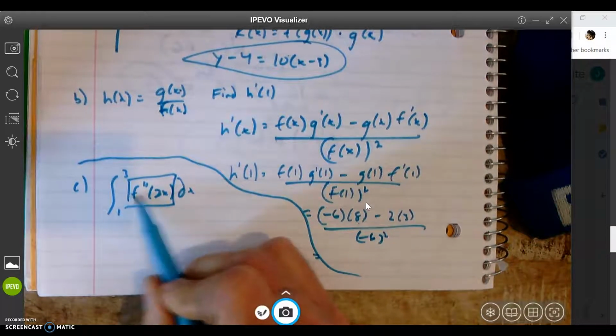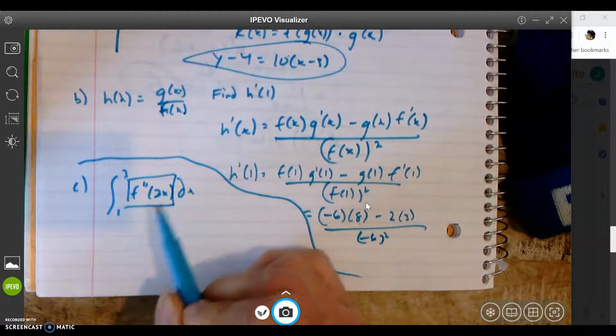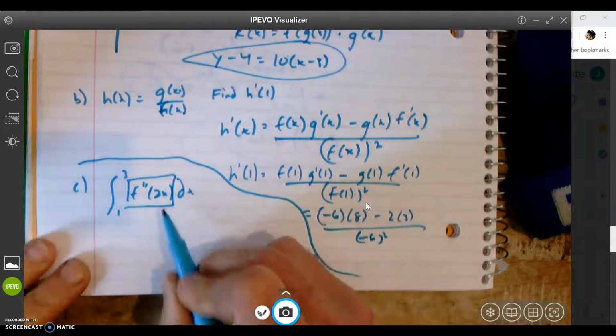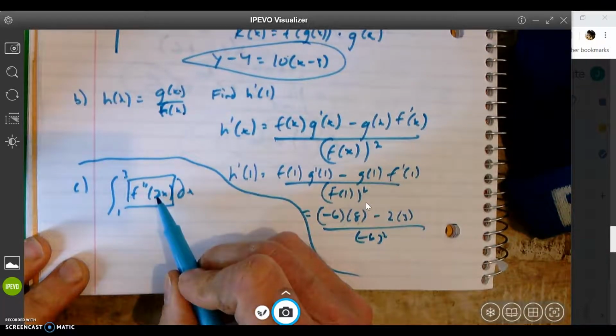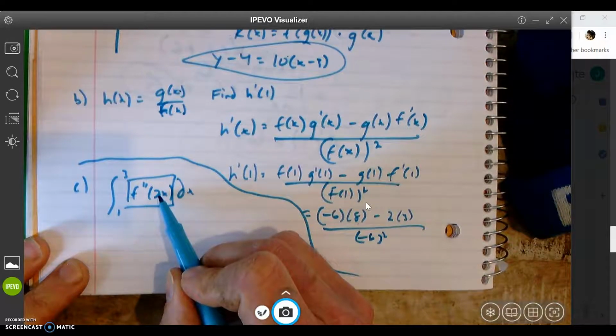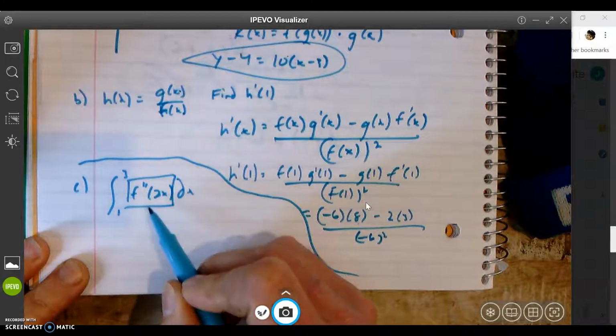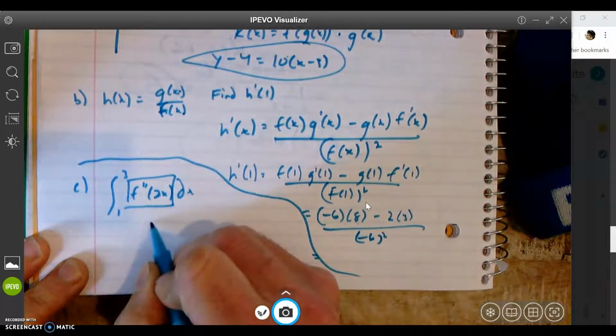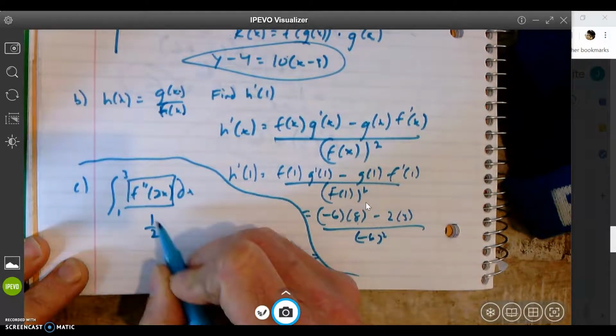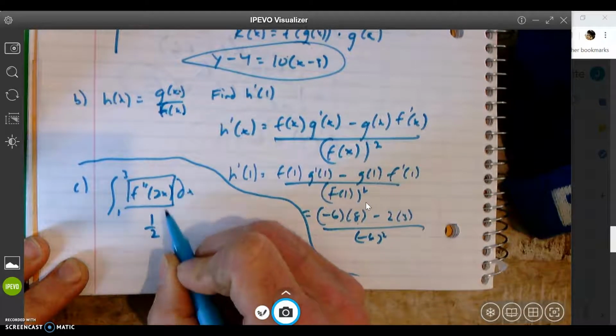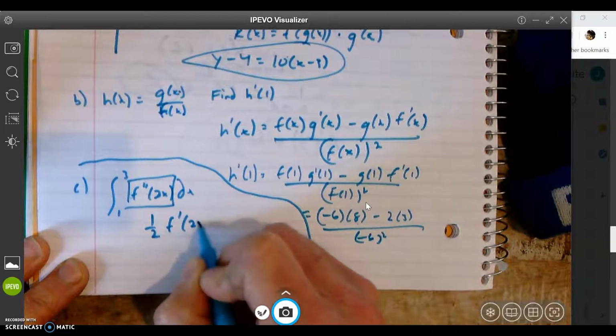This looks like a chain rule. So in order to undo the chain rule, I do the opposite. I find the derivative of the inside, which is 2, and divide by that derivative. So it's times a half: one half f prime of 2x.